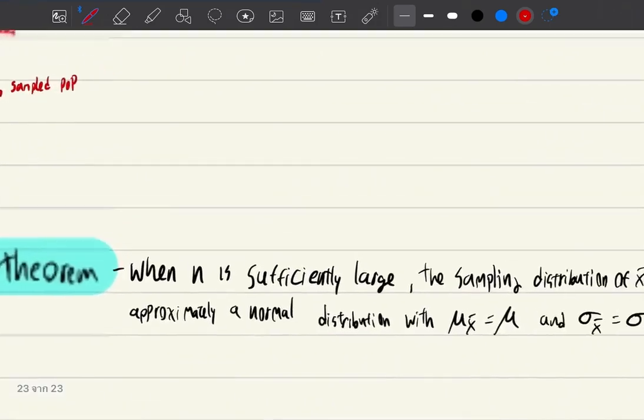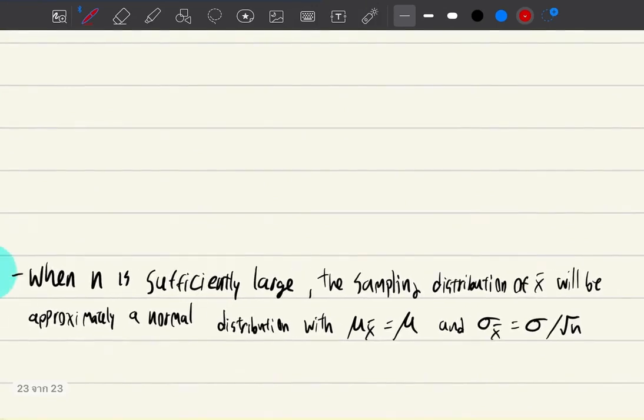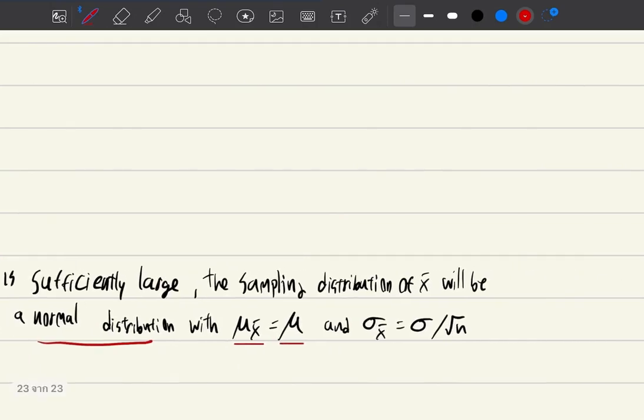Then, when n is sufficiently large, the sampling distribution of x bar will be approximately a normal distribution, where the mean of the sampling distribution is equal to the mean of the sampled population, and the standard deviation of the sampling distribution is equal to the standard deviation of the sampled population divided by the square root of the sample size.